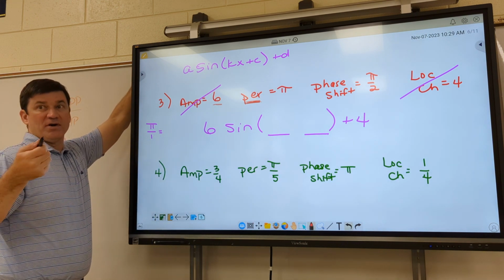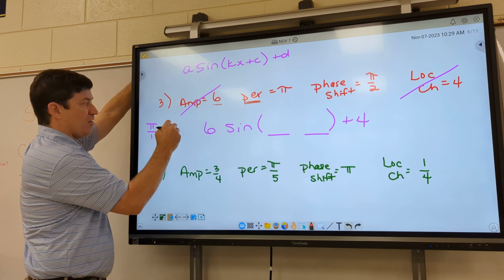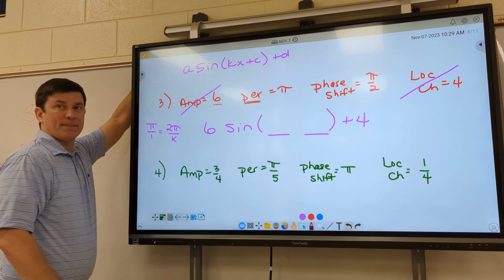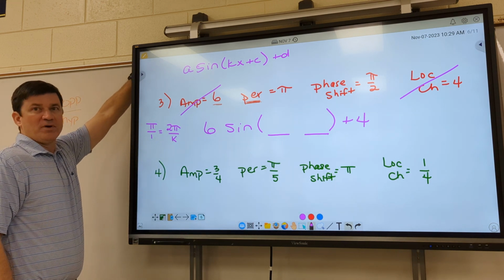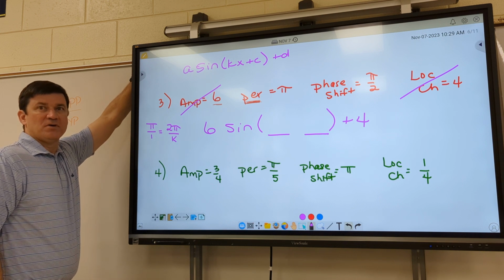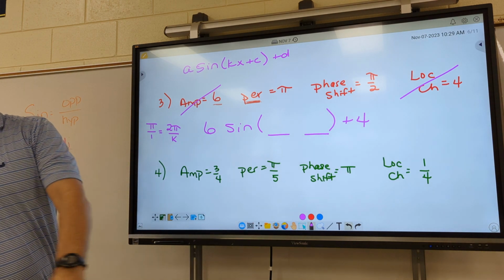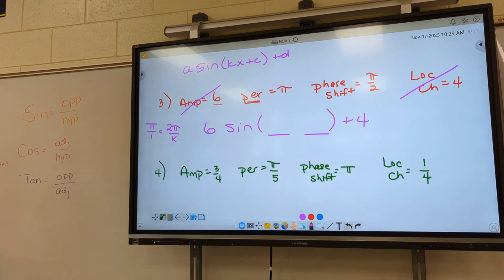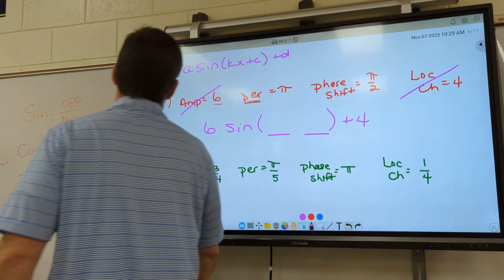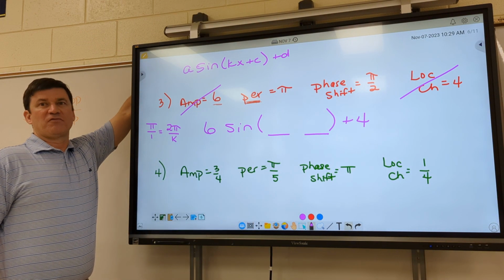It's 2 pi over k. So on that sheet, period formula at the top says 2 pi over k. All right, that's where we're getting our formulas from.